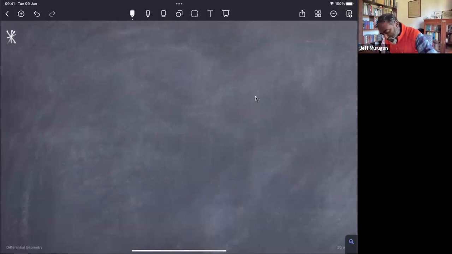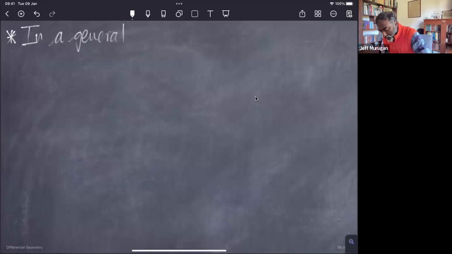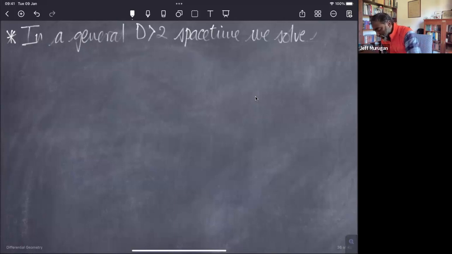So in a general d greater than 2 spacetime, solve the conformal killing equations.